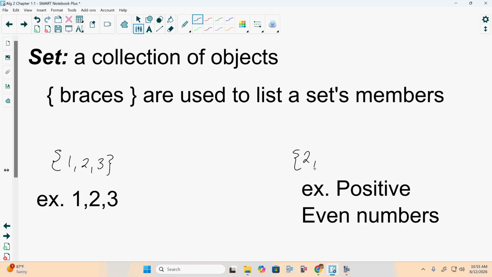What would the next one be? 4. Okay, and then 10, then 12, then 14, then 16, then 18, then... Are we going to be able to actually list all these out? How many know what an ellipses is?